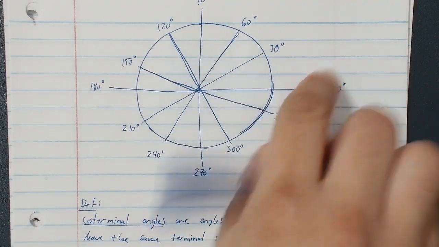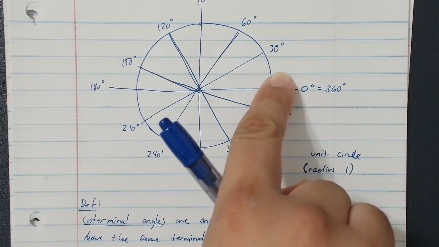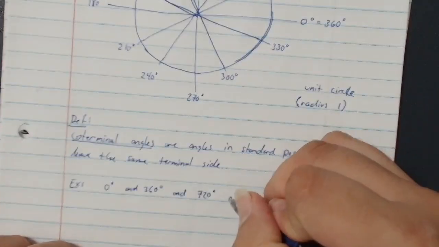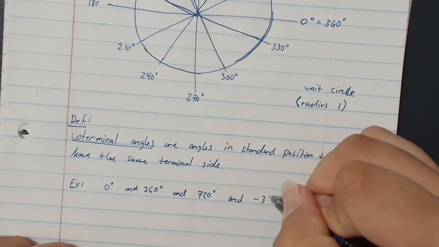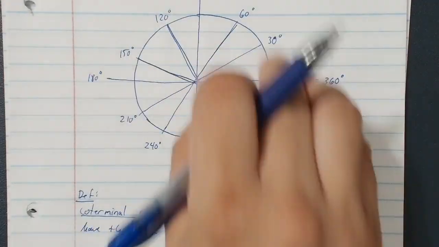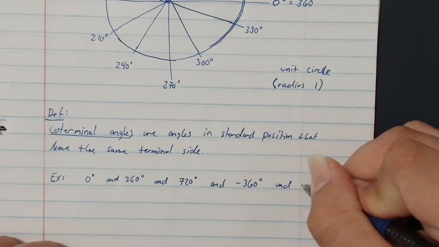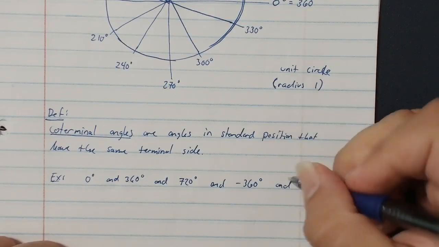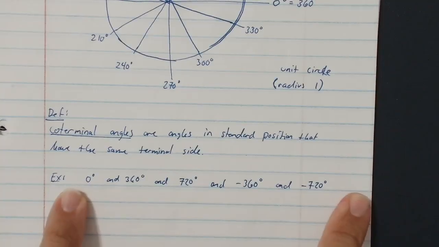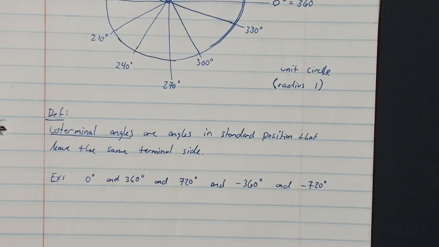So instead of going 360 degrees this way, you could go 360 degrees the other way, which would make it negative 360 degrees. And if I go backwards a second time, that would be negative 360 and another negative 360, which is negative 720. Every single one of these, even though the number looks different, is drawn as exactly the same angle.